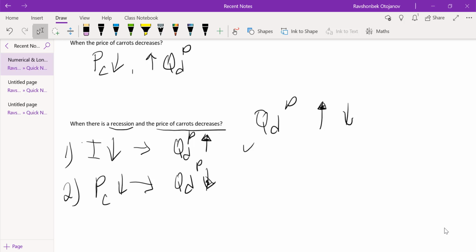If, however, the price effect is stronger, the price is so low, even lower than normally expected, then we would expect the quantity demanded for potatoes to go down, because people will buy more carrots as a result. So it depends on which effect is stronger.